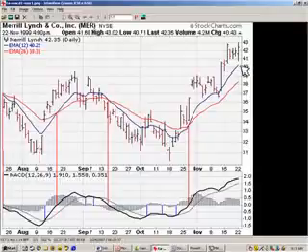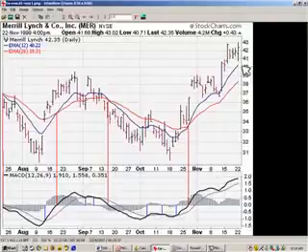You see the 12 is at approximately 40, and the 26 is at 38. So the difference between the two, the 40 minus the 38, gives us the MACD line. Here the MACD is plotted down below. The black line that I'm pointing at is the MACD line. You see it is at 2. That's the 40 minus the 38, so it's a positive 2.